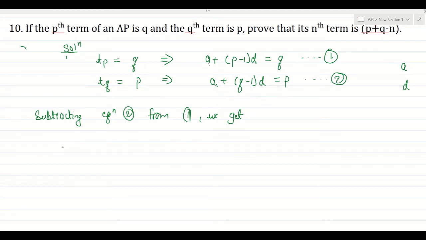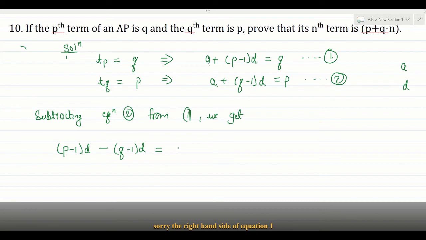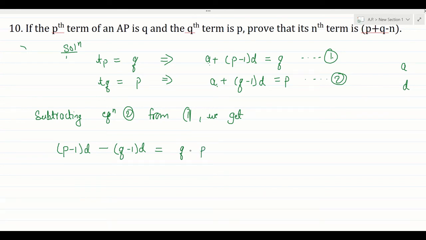So then we are left with (p − 1)d in the left hand side of equation 1 and (q − 1)d in the left hand side of equation 2. But since we are subtracting, here comes the sign of minus, equal to, now the left hand side of equation 1 is q and the right hand side of equation 2 is p. So we have to subtract, it is q minus p.